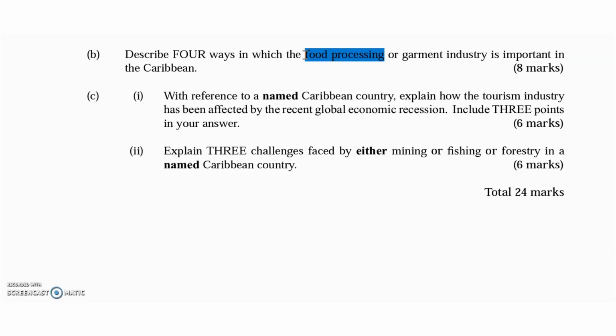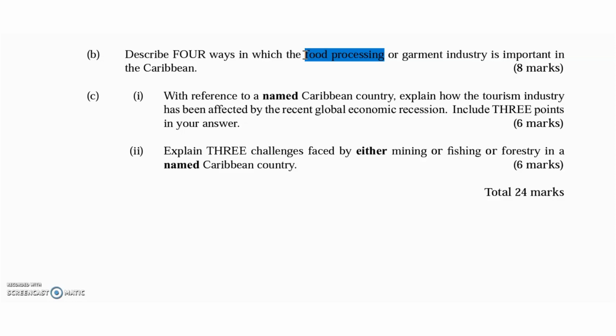On top of that, we must bear in mind that it improves the GDP of the country primarily because once you are processing food, you are producing or manufacturing a particular product which can simply be sold either locally or regionally. And that brings us to the third point.